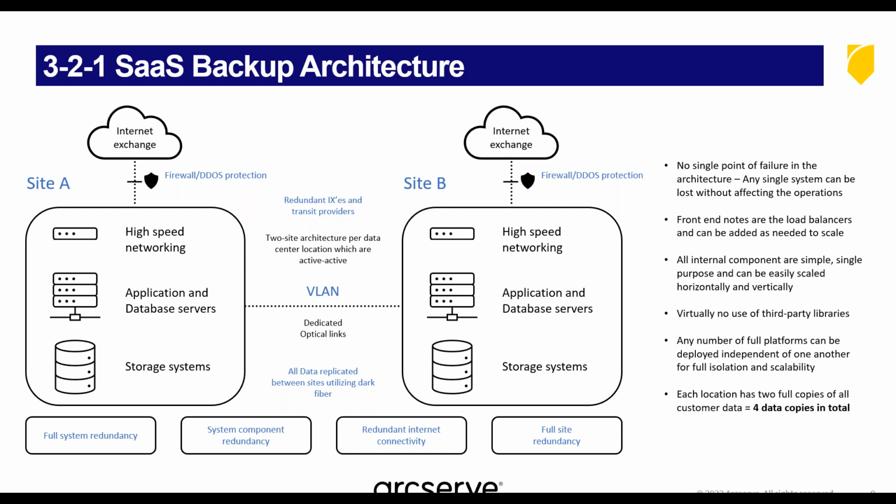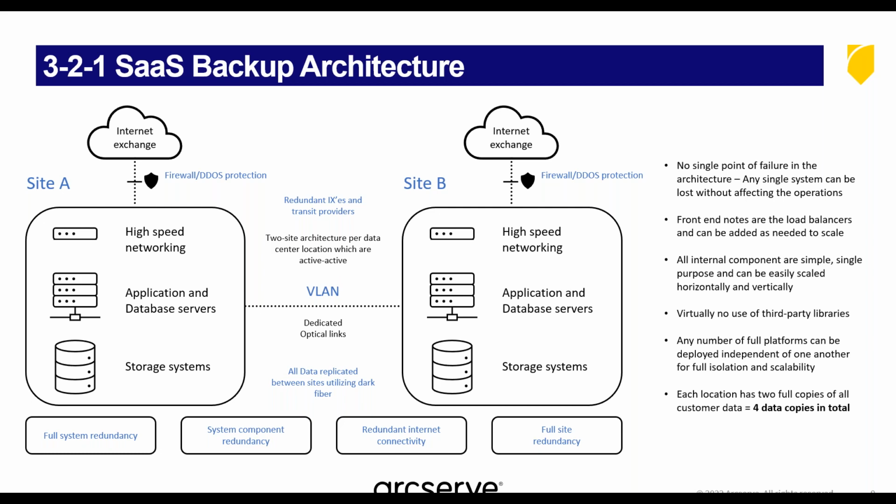Even our slide here says 3, 2, 1, right? I will always mention it because this is the most understandable best practice concept in data protection strategy, but I will say that it does comply with the new trend, the 3, 2, 1, 1, where the last one is about immutable.